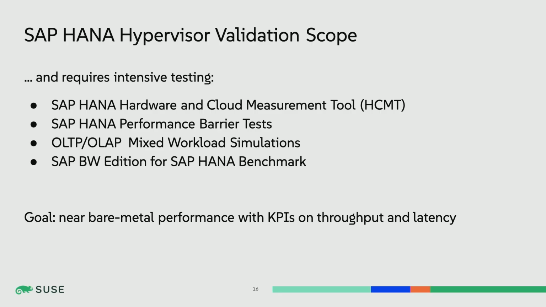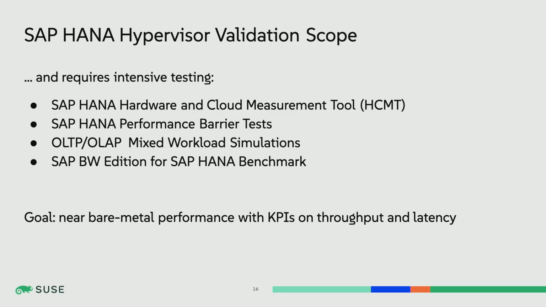This is the only one where we use the absolute values of what has been measured inside the virtual machine. This usually is the easiest one, since the spinning disks were gone from servers and SSDs and NVMEs came in, HCMT usually is green.